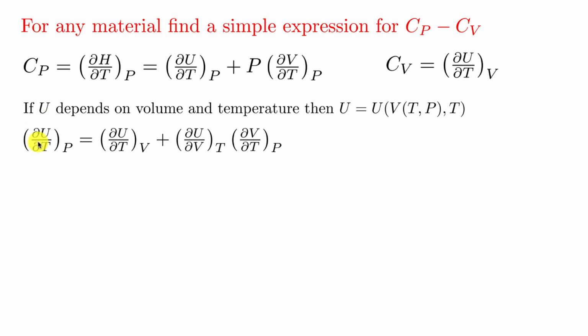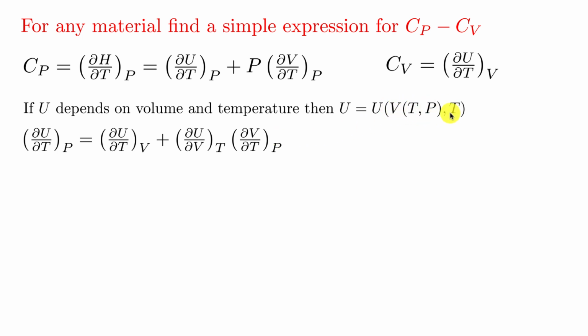Now, dU by dT at constant pressure is equal to this. The first term is obvious. U depends upon the temperature directly, and so it's just dU by dT at constant volume. That is keeping this here fixed.